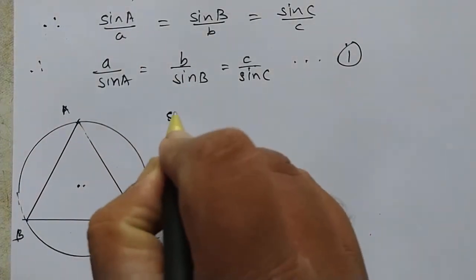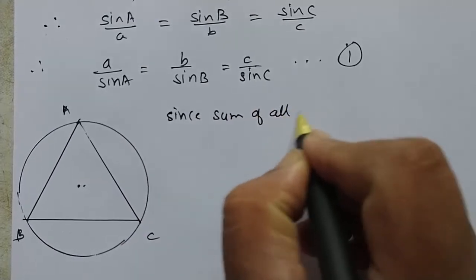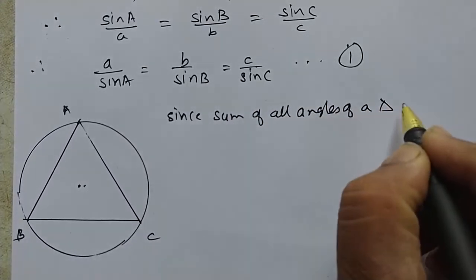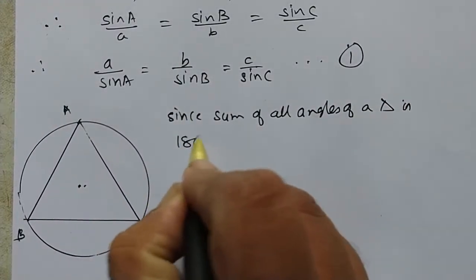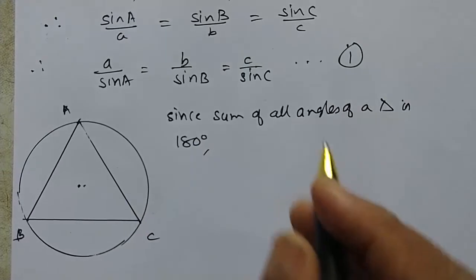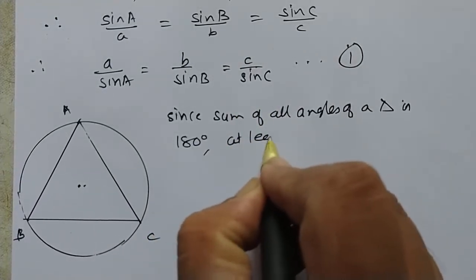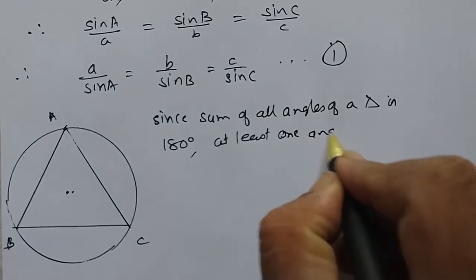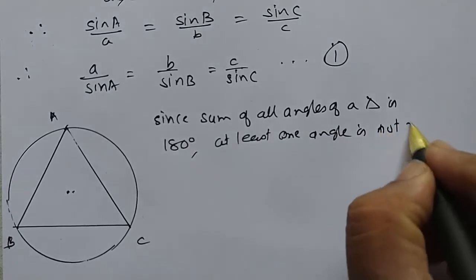Since the sum of all angles of a triangle is 180 degrees, at least one angle is not a right angle.